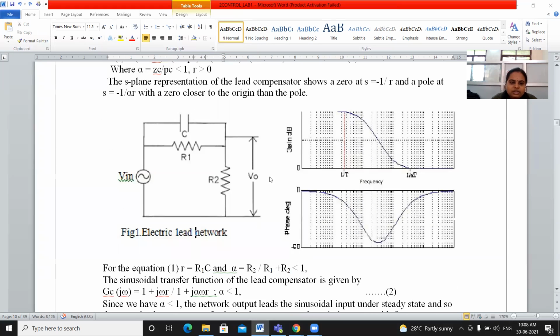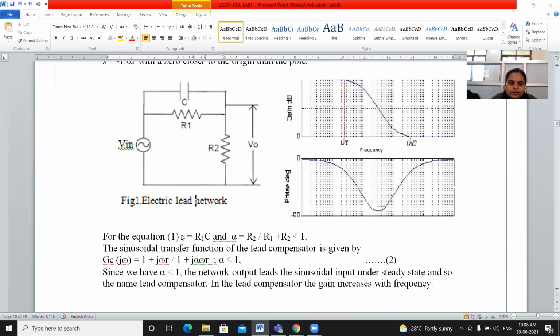This is our lead network, where resistors and capacitors are connected. And this is the graph you will get, with gain in dB and the phase at the output. Therefore, gamma equals R1 times C, and alpha equals R2 divided by (R1 + R2), which is less than 1.